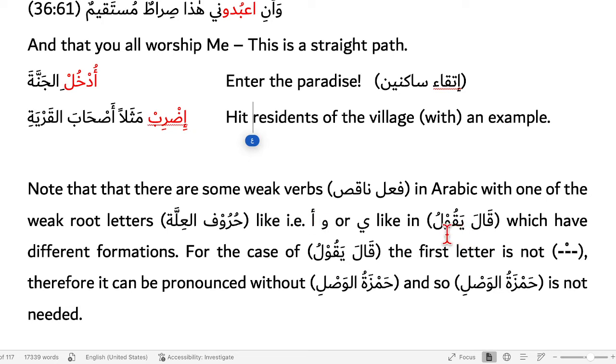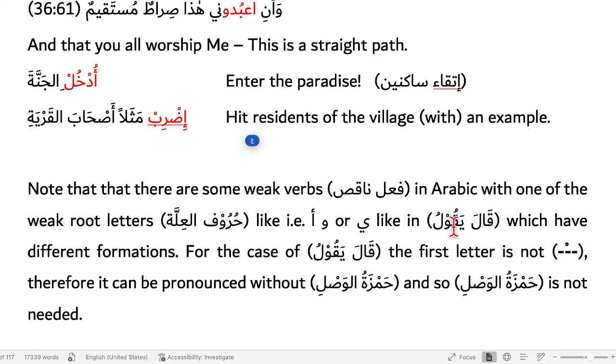Like for Nasara Yansuru, the first one we said is going to have the sukoon, Yansuru. But in this case, for Kala Yakulu, it has a weak letter in it, the middle one.